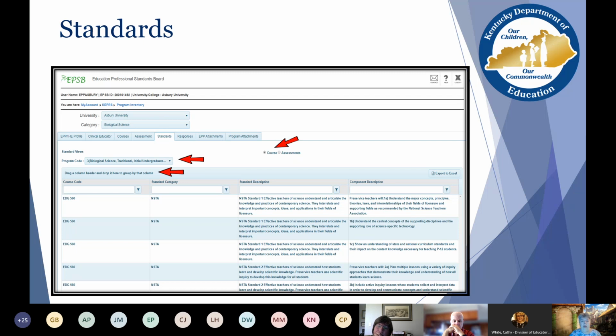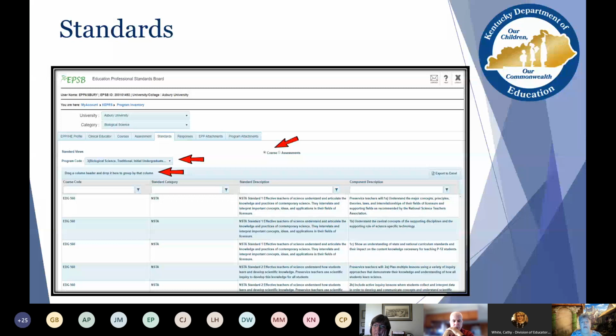To sort, you can grab the standard category language at the top of the column and drag it to the line above. So for example, if I want to sort out and see separately the National Science Teachers Association, I can select just those standards and the screen will filter out everything else except the courses that are aligned to that standard.